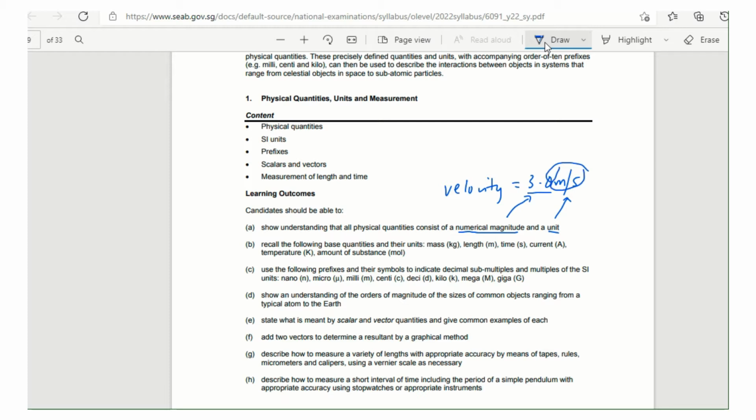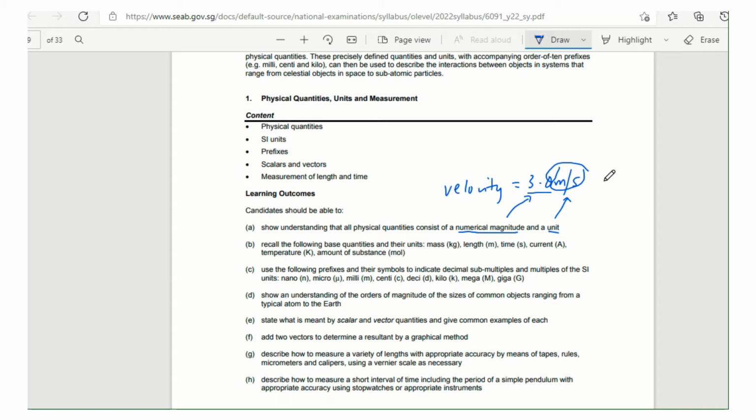So basically this part is just reminding us that whenever we are writing a value for physical quantities, we need to write both the magnitude, which is a value, as well as the units, because without a unit it is meaningless.